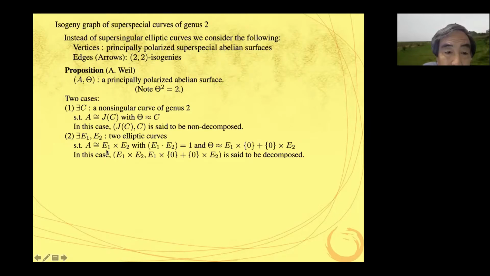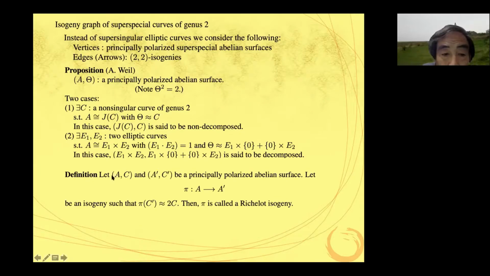Or A is isomorphic to a product of two elliptic curves, which intersect transversely, and the theta divisor is E1 cross 0 plus 0 cross E2. This is decomposed. This first case we call the non-decomposed case, and this case we call the decomposed case.